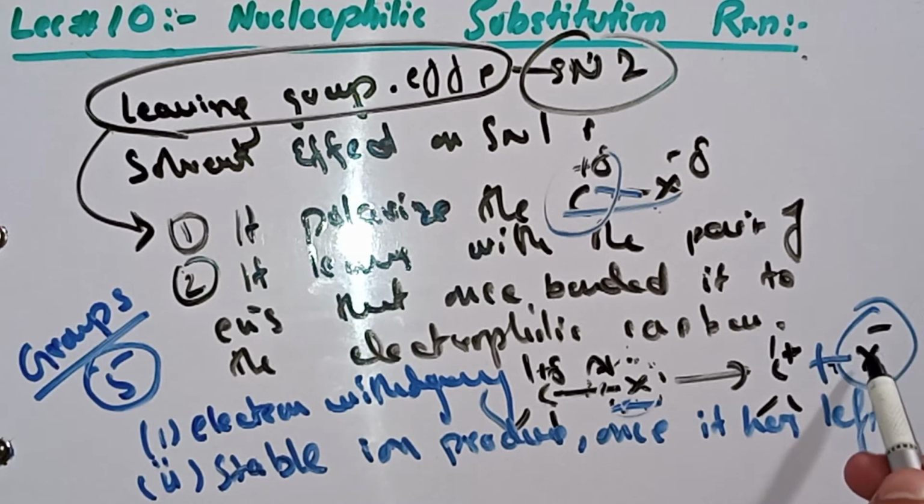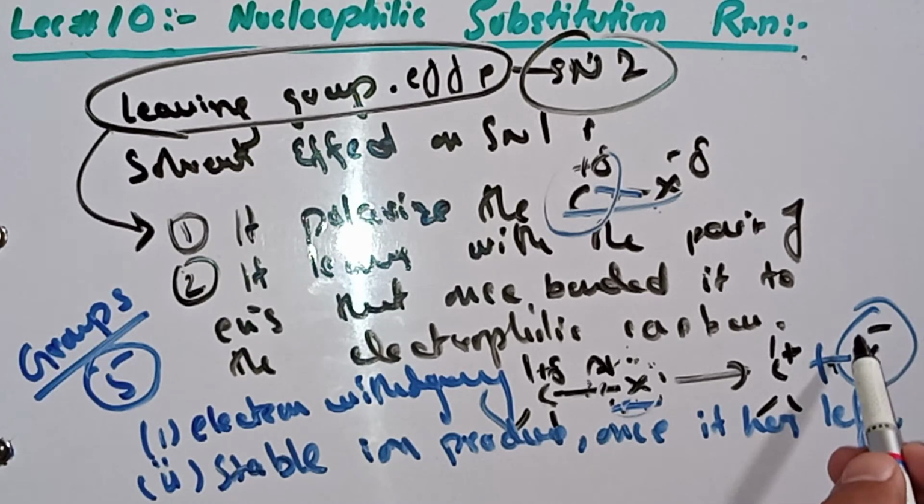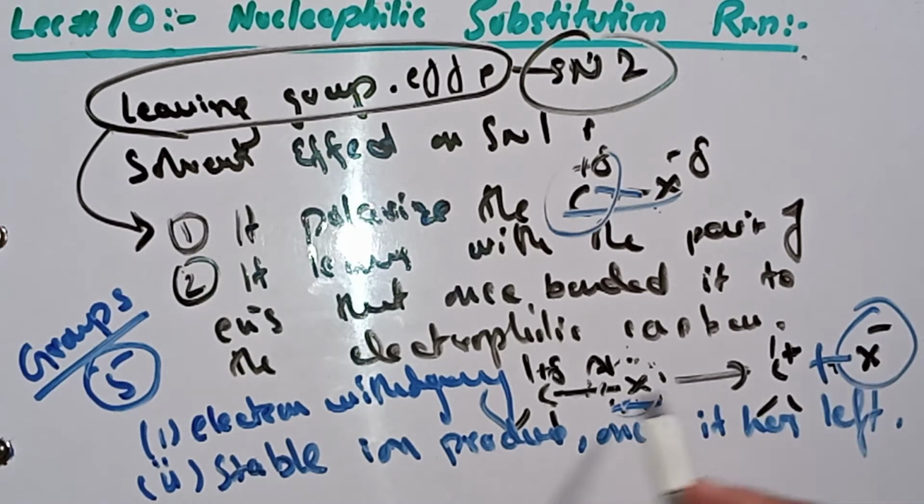When the ion is stable, the reaction will undergo the Sn1 or Sn2 reaction very rapidly. It also means it will be a good leaving group when it is stable after leaving. This is the second point.